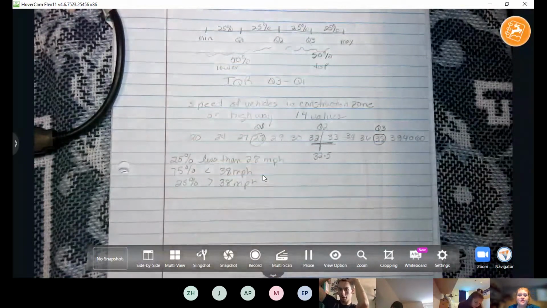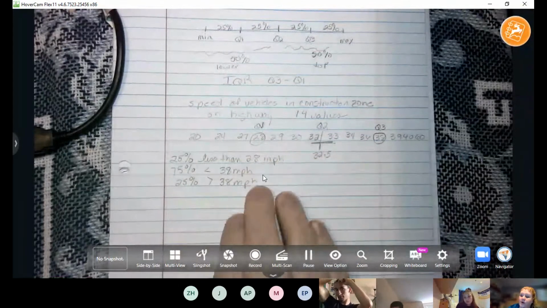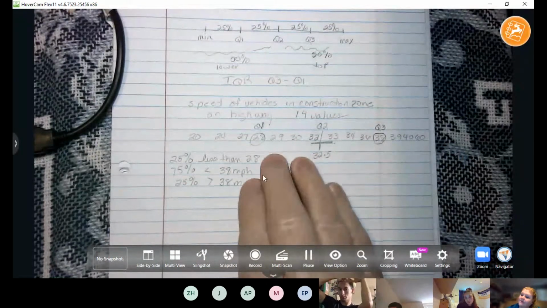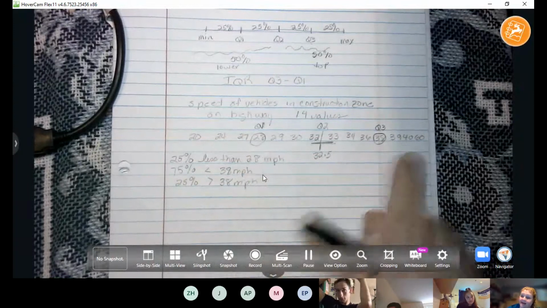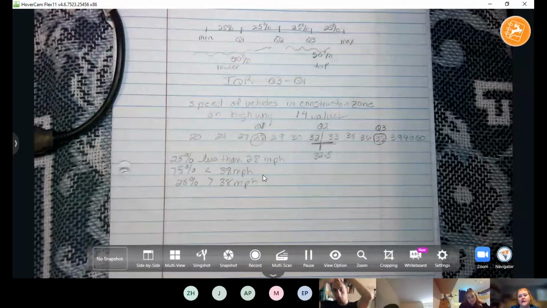But what I'm trying to get you to see is by knowing quartiles, what are some types of questions that can be asked about the data based on knowing those percentages? Do you see the types of questions that can be asked about the data just by knowing quartiles? Do you see that information?